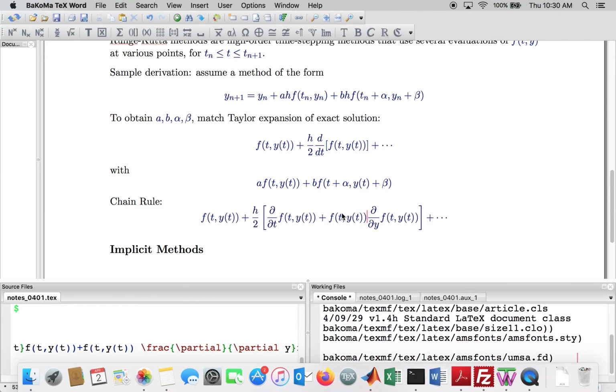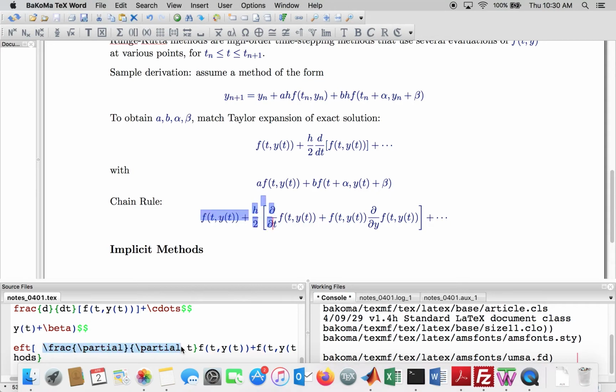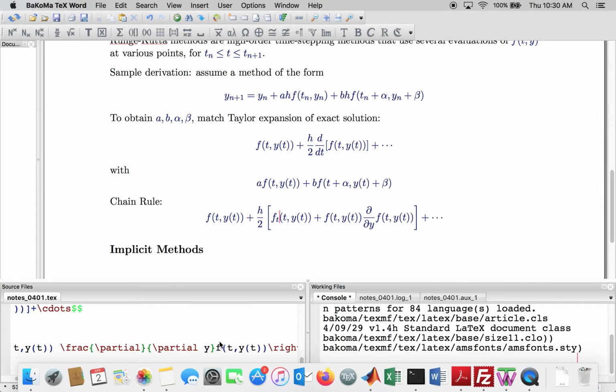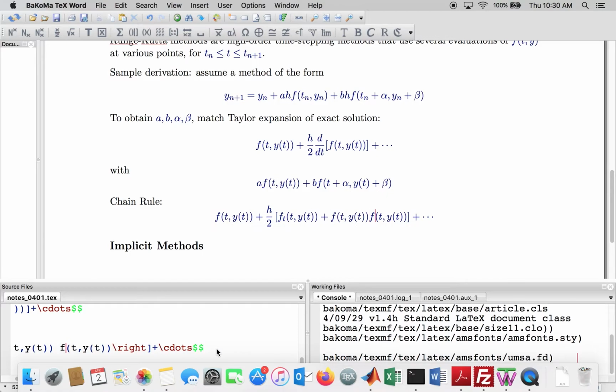I'm going to shorten the notation here. So this will be ft, and then this other derivative here will be fy. Okay. So that is now worked out to this.